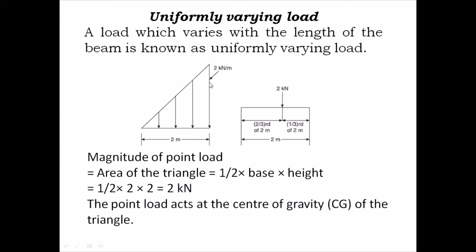centroid of the triangle. As I told you, the pointed edge of the triangle is called the apex, whereas the other end is called the base. The centroid of a triangle always lies at two-third of the base from the apex, or one-third from the base. So that is what is being shown here.